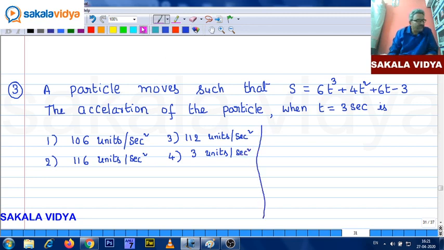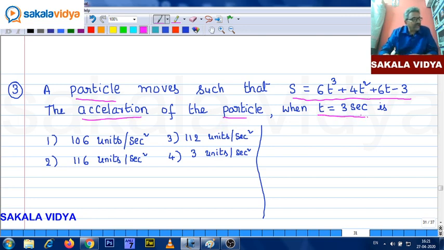First let me read out the question. A particle moves such that s is equal to 6t cube plus 4t square plus 6t minus 3. The acceleration of the particle when t is equal to 3 seconds. That means we need to find the acceleration at t is equal to 3. First we need to find ds by dt so that we get v. Next find dv by dt, you get the acceleration, then substitute t is equal to 3.